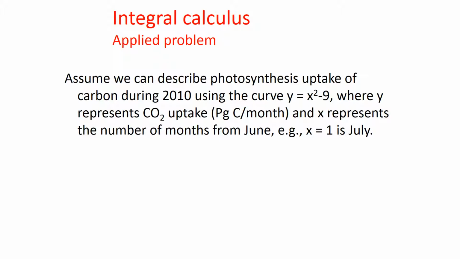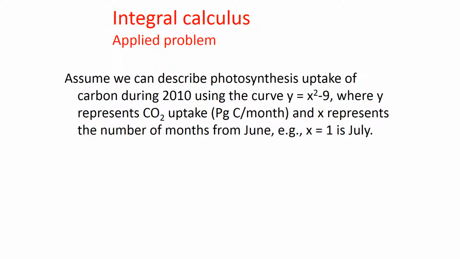So we can draw a graph, and we can say 0 is June. Then July, August, September, October, November, December, and May, April, February, January, something like that. Whatever the months are.